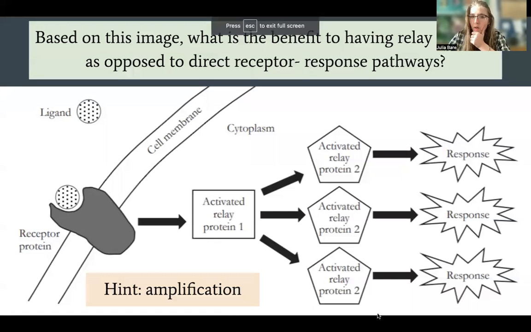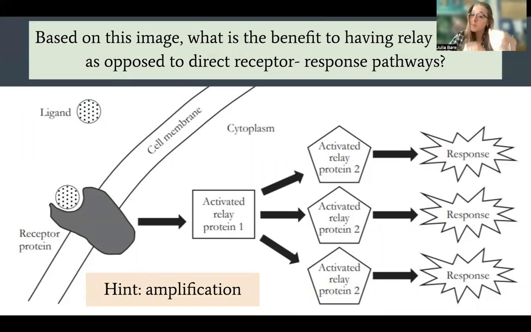So when we're looking at this diagram, again, one of the main ways that relay proteins are beneficial for signal transduction pathways is that they amplify a signal. They make the signal bigger, so you get more of a response. So a great example of this is the chemical receptors in your nose. For example, you have hundreds of thousands of different chemical receptors in your nose that are going to trigger certain olfactory senses in your brain.